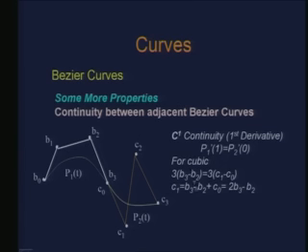And if you go back and look at how we found the derivatives of the curve, and do the evaluation at t is equal to 1 for the first curve and at t is equal to 0 for the second curve, that would in turn give you a relationship between the control points of the two Bezier curves, right.